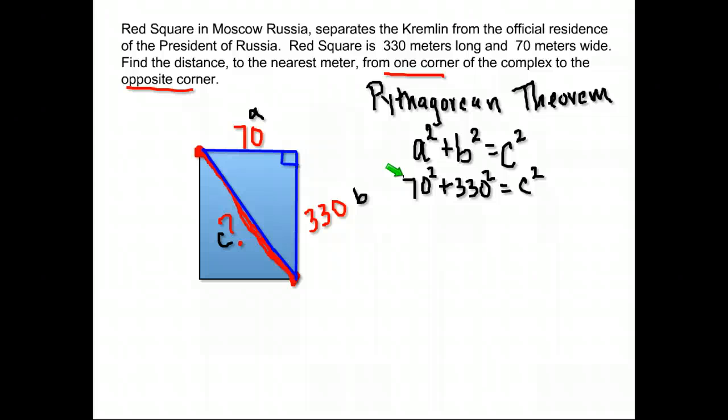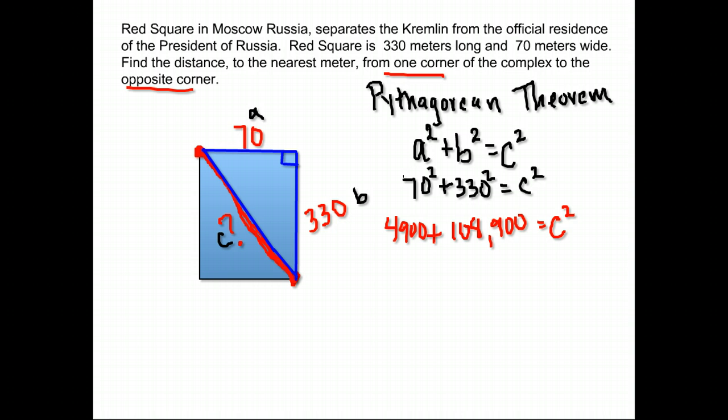If you've got the full answer, we'll just check it as we go. That's good. Good, Nicole. Yep, that would be 4,900, and then square 330. Well, that's a big number. It's just 108,900.